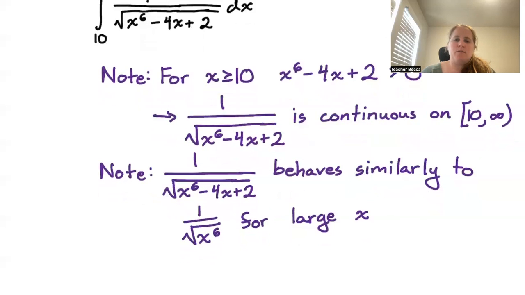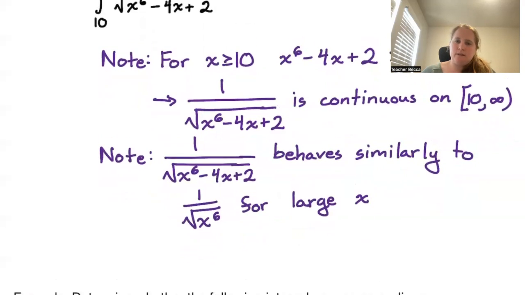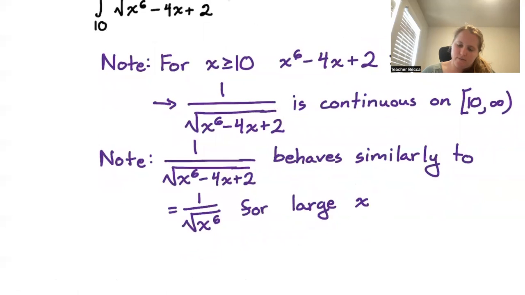And so 1 over the square root of x to the 6th is essentially 1 over x cubed. So what we can do then for large x is check that this limit is finite, and then we can base our convergence off of that.